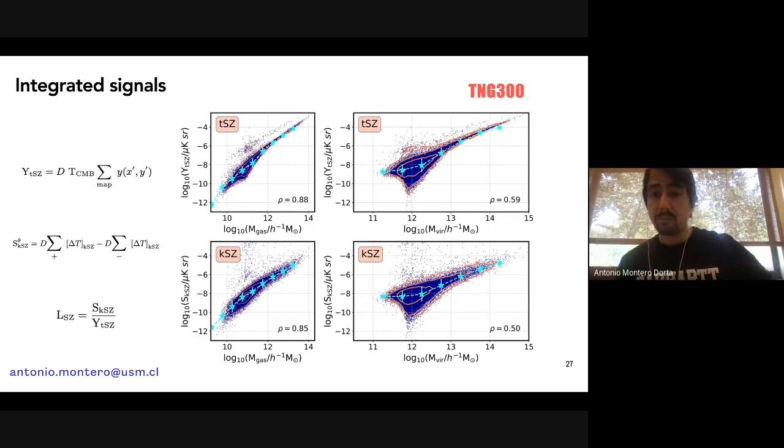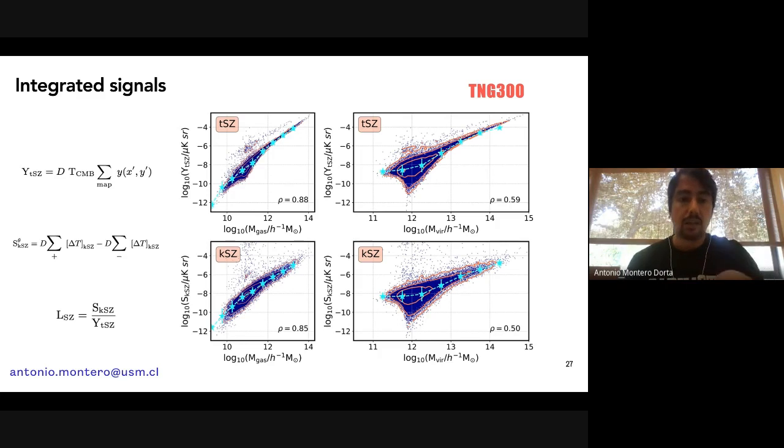Here on the top panel is the relation between the thermal effect integrated signal and the gas mass and the virial mass. On the lower panel is the same for the kinetic Sunyaev-Zel'dovich effect integrated signal.